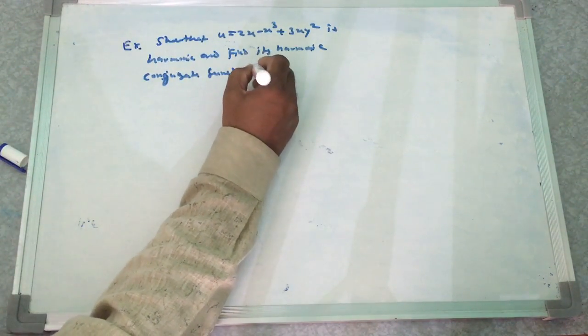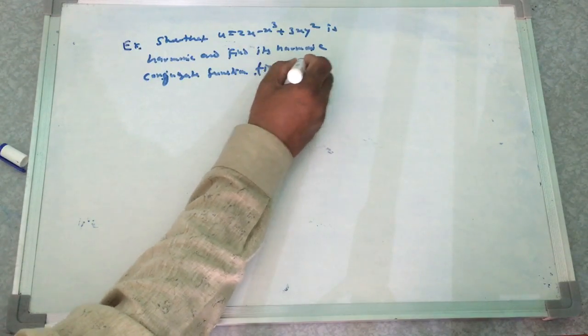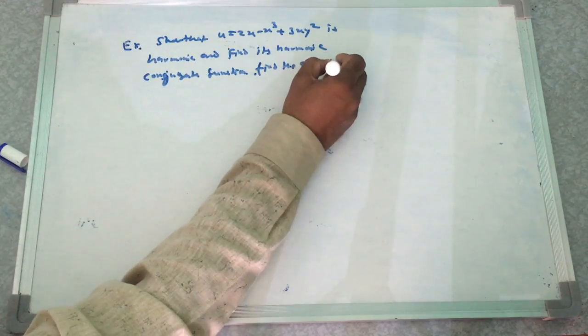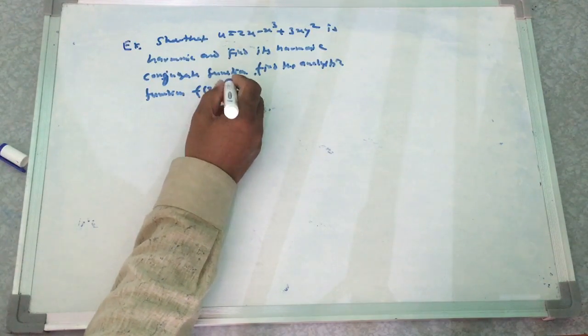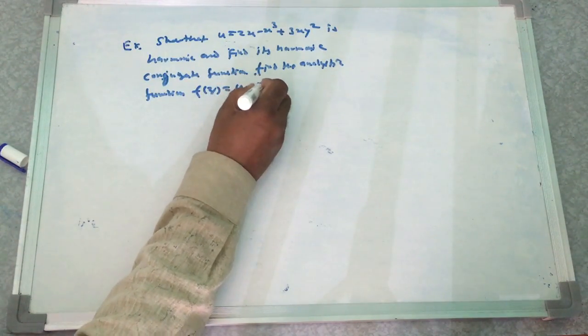Hence find the analytic function f of z is equal to u plus iv.